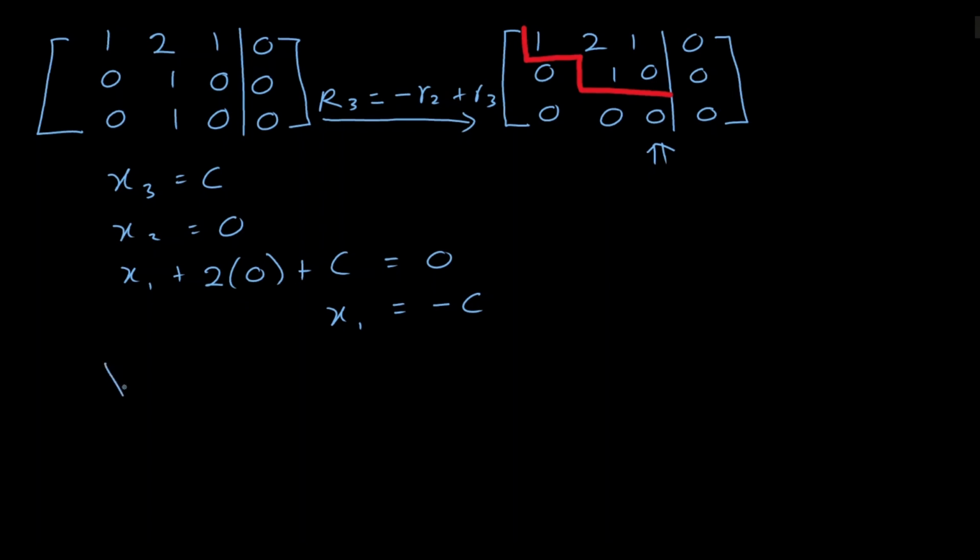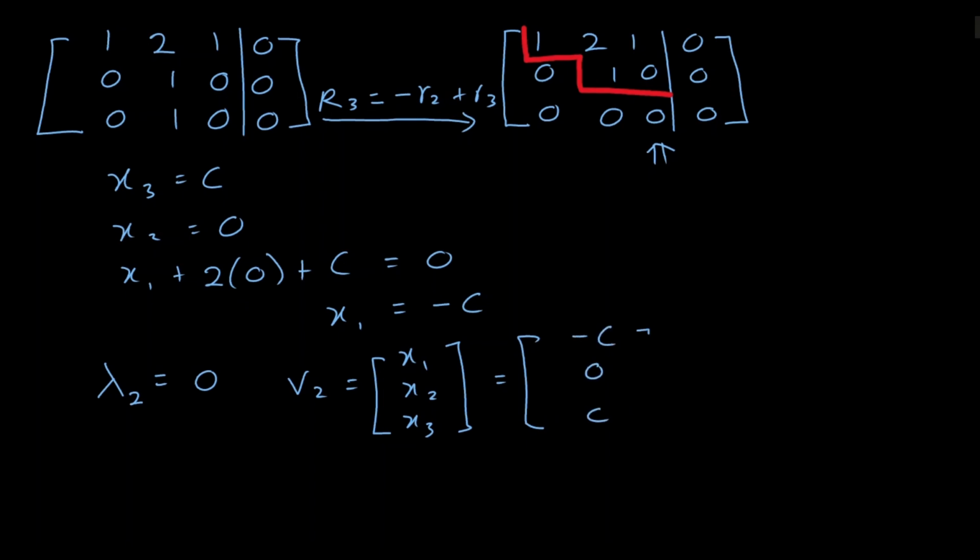We have found v2 from lambda 2 equals to 0. v2 would be x1, x2, and x3, which are minus c, 0, and c.